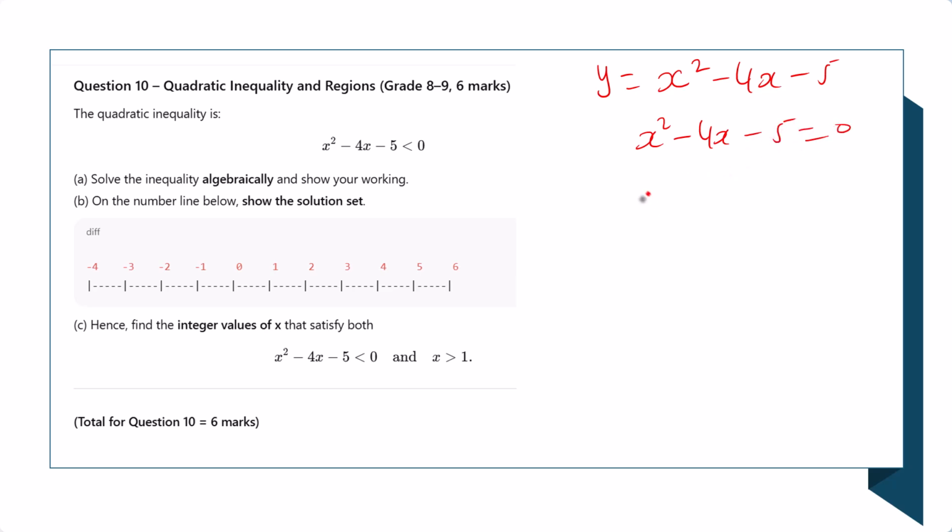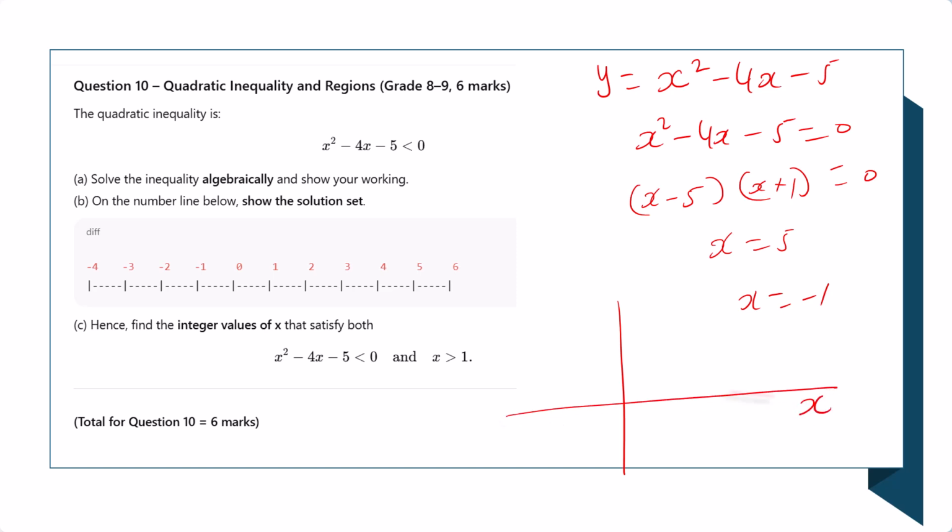But first I'm going to factorize. Two numbers that multiply to get negative 5 and add to get 4 will be x minus 5 and x plus 1. Now, if I solve this one at a time, x will be 5 and x will be negative 1. So what I can do, I can draw my graph.